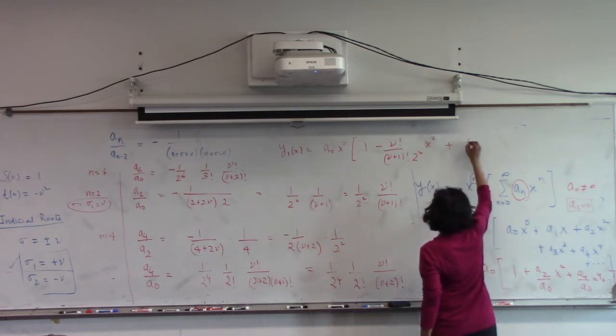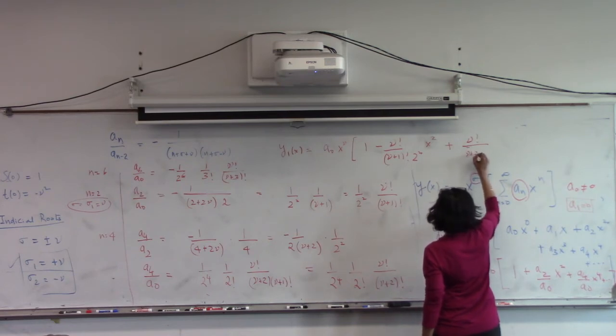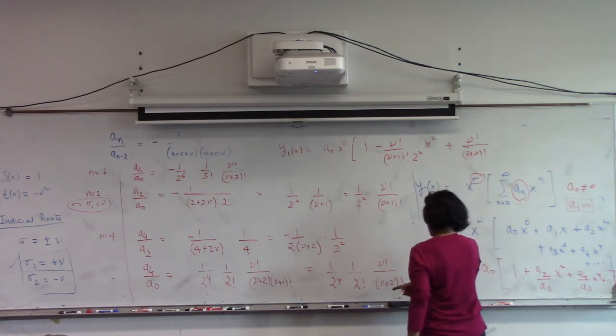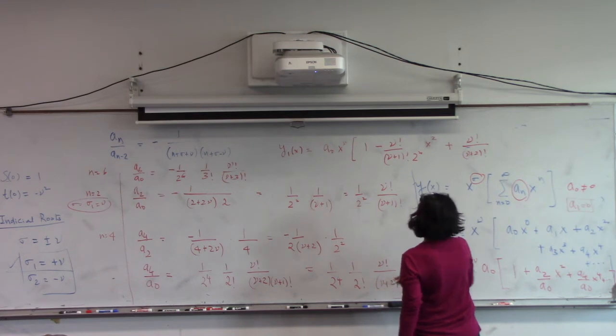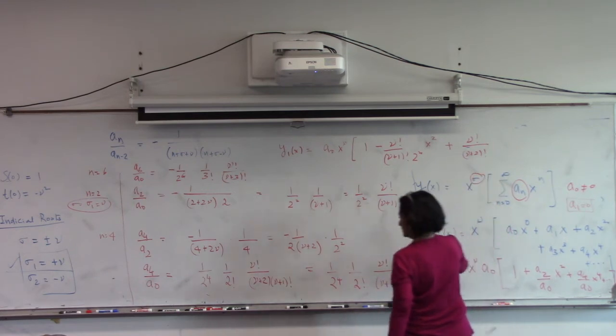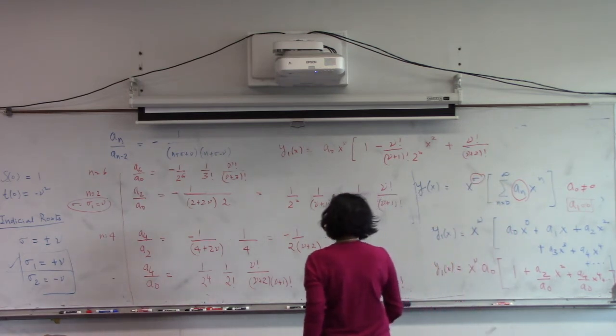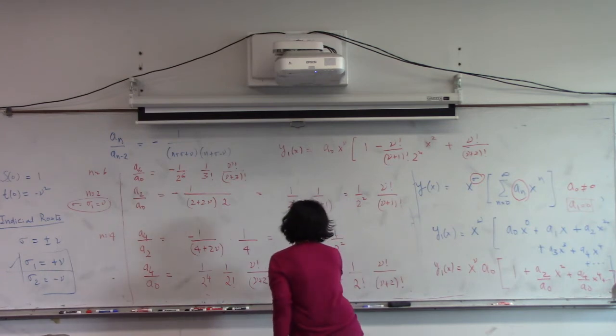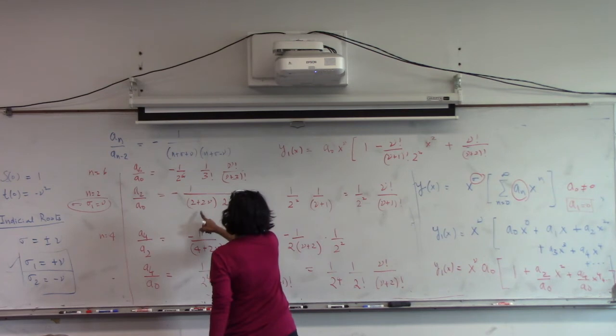I have nu factorial, nu plus 2 factorial, okay. Sorry, I have 2 squared, there's a 2 factorial also, right? So here, mu plus 1, you put 2 squared, okay, fine.